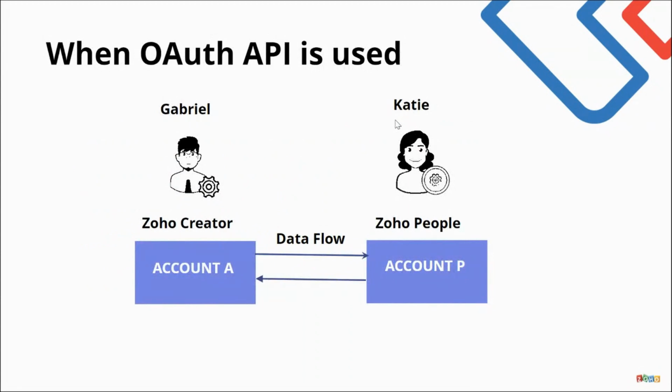Okay, where do we have to use OAuth API? Say if you want the data communication to happen between different accounts, then we would go for OAuth API.